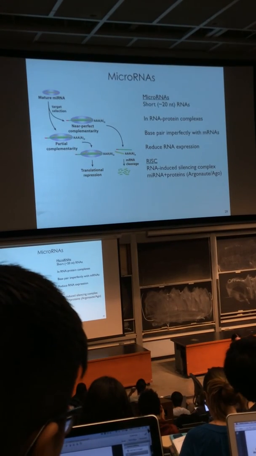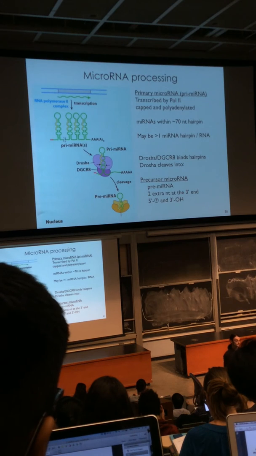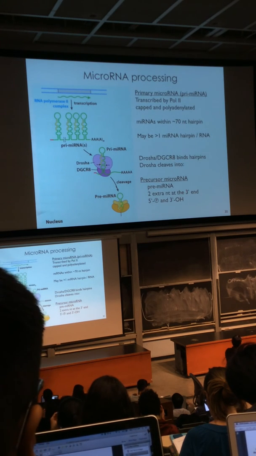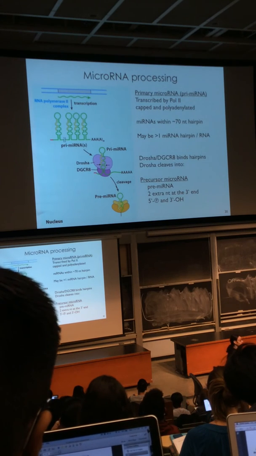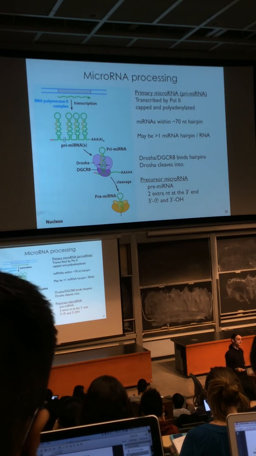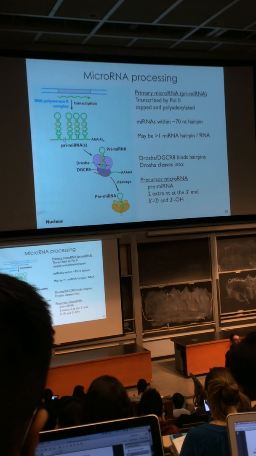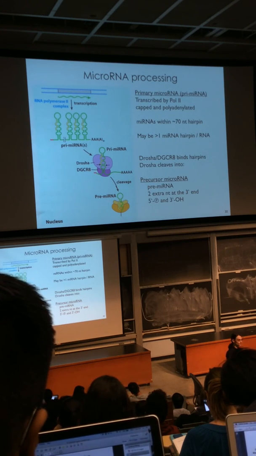They're actually produced as a large primary transcript. The primary microRNA, or pri-miRNA, is transcribed by Pol II and actually is capped and polyadenylated in the same way that an mRNA would be. But then instead of undergoing splicing, it undergoes a different kind of processing.